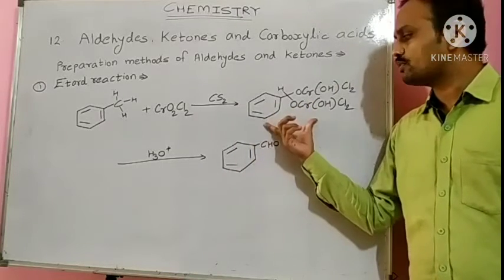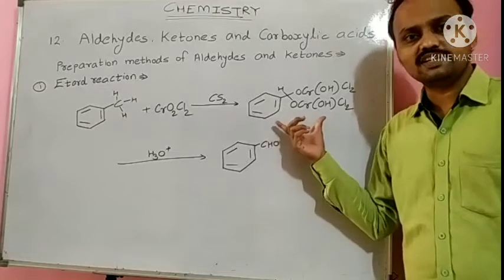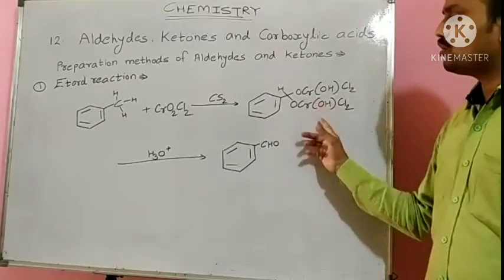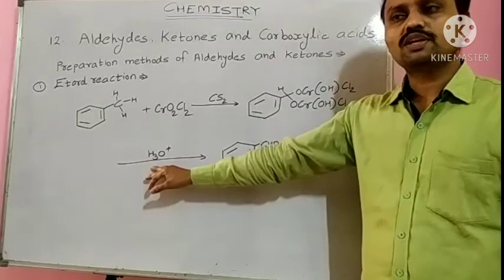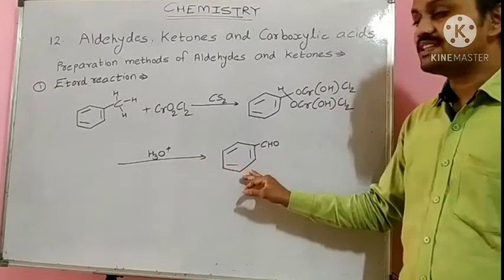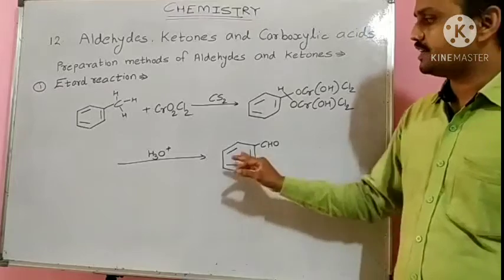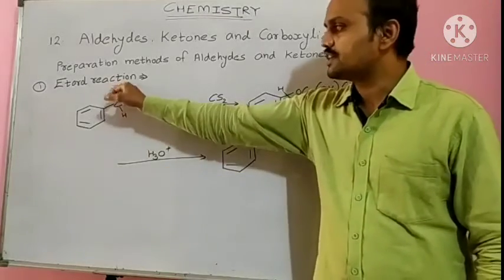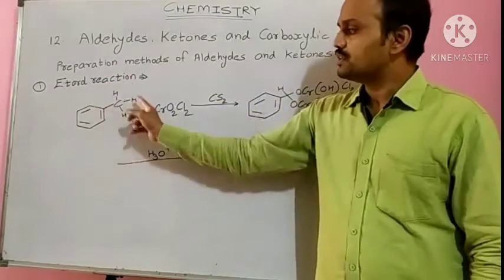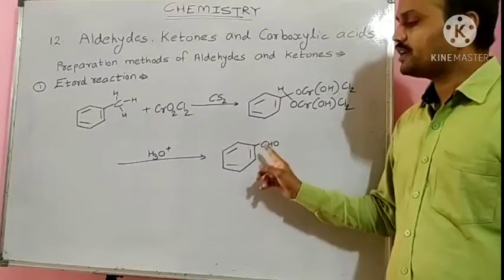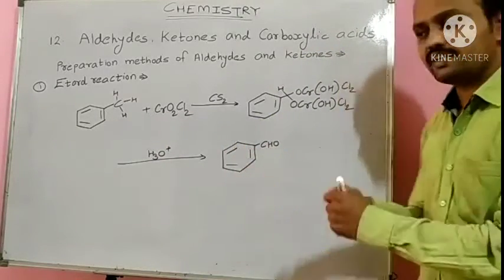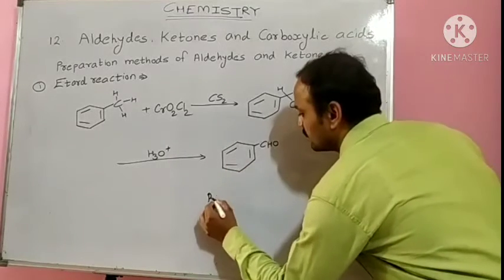Students, this chromium complex is the intermediate, and on acid hydrolysis of this complex we get the corresponding aromatic aldehyde. The name of this aromatic aldehyde is benzaldehyde.